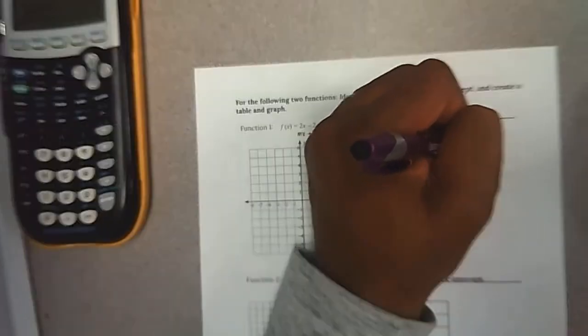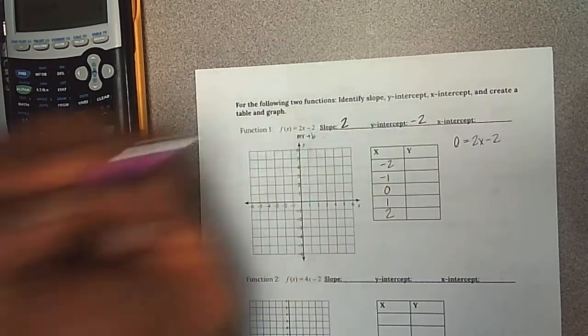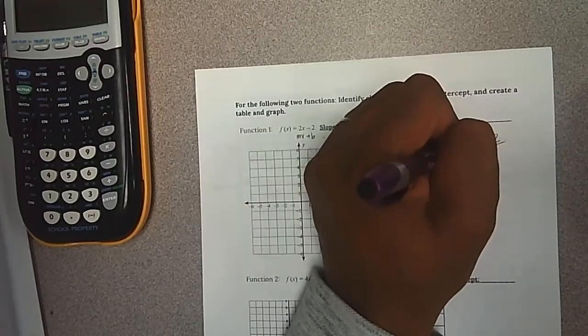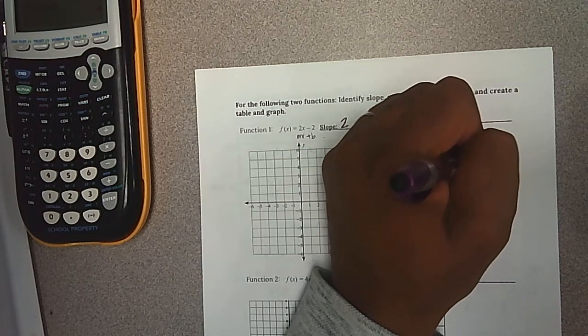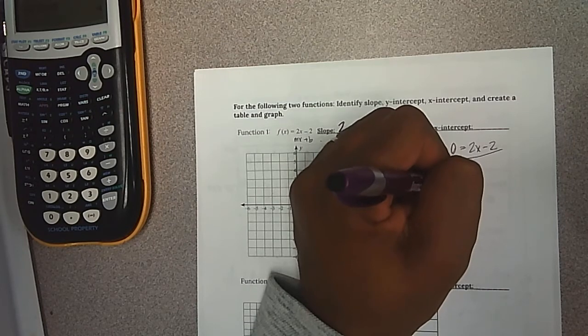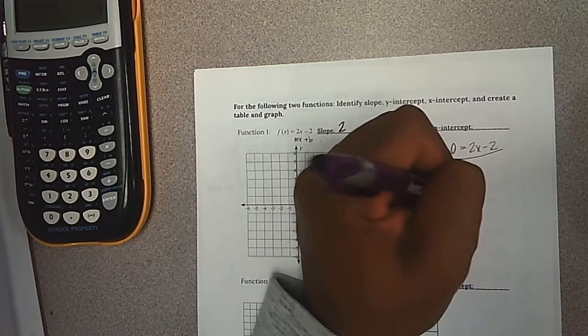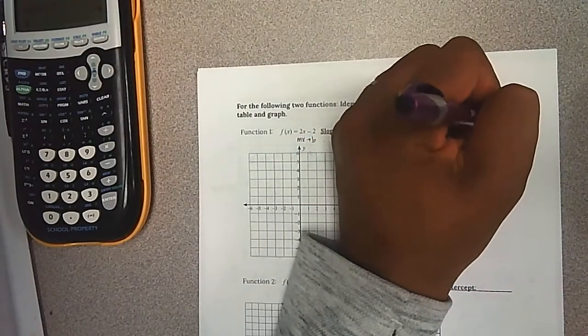So when your results equal 0, what was your x? So I'm going to add 2 to both sides. And then I'm going to divide both sides by 2. Get it? So my x-intercept is going to be 1.